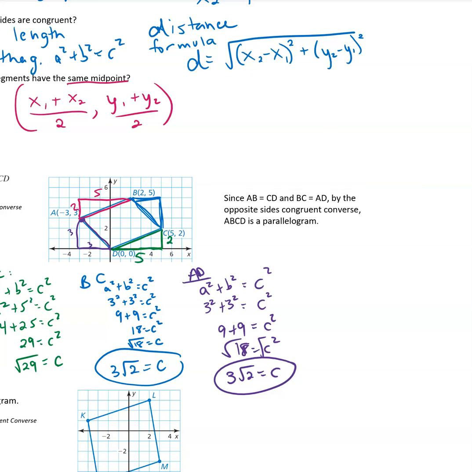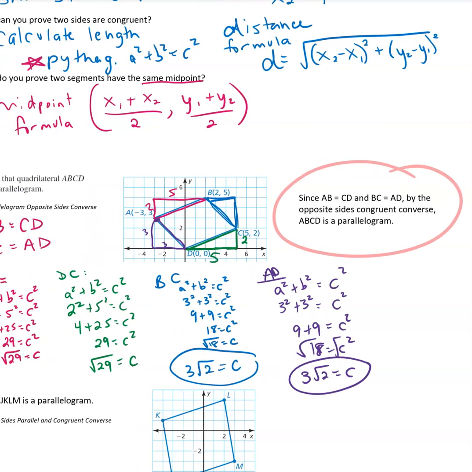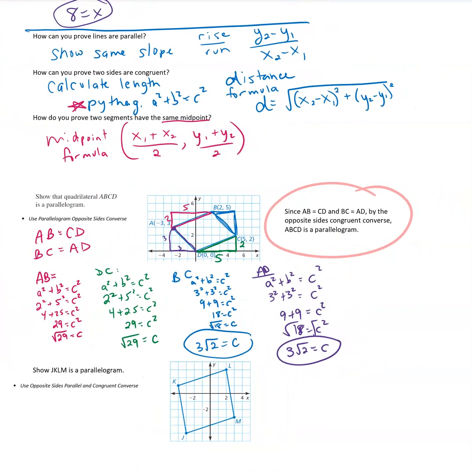This last sentence is important, so I want you to be sure that you include it. Anytime I ask you to prove something, I'm going to ask for the math, and then I'm going to ask for the statement. So I want to see you use both.